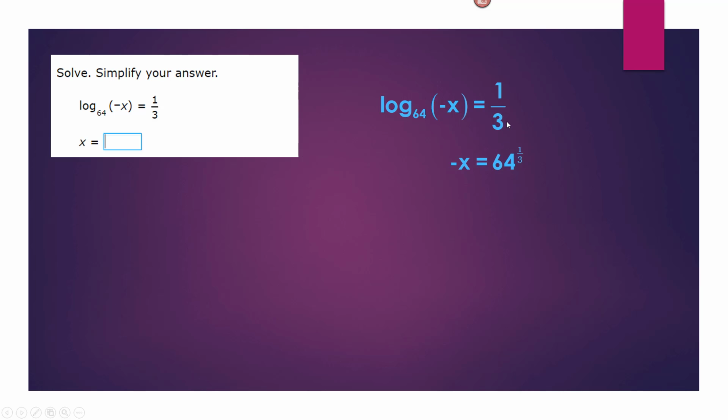Okay, 64 to the 1/3 equals negative x. If we have something raised to the 1/3 power, that's the same thing as taking the cube root of that number. And the cube root of 64 is 4. So we would get negative x is equal to 4, or we can say x is equal to negative 4.